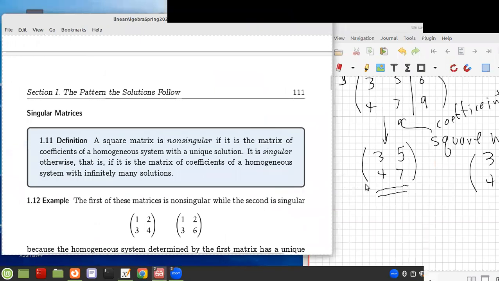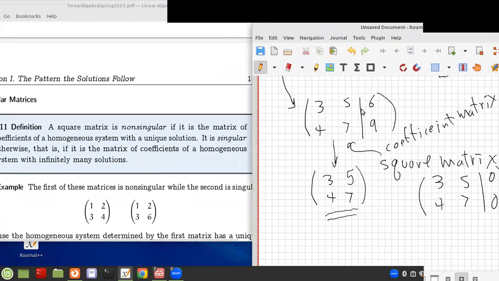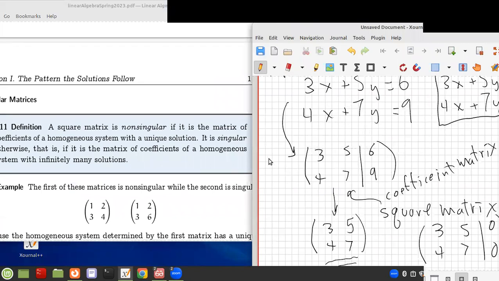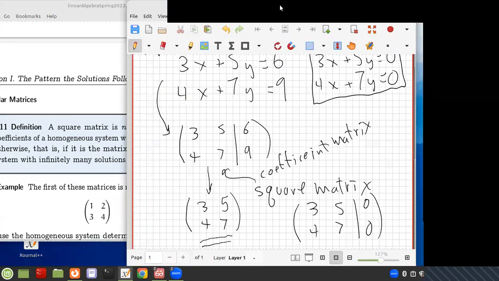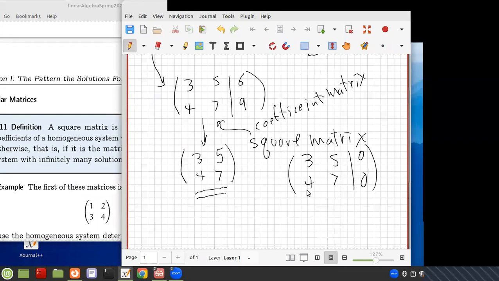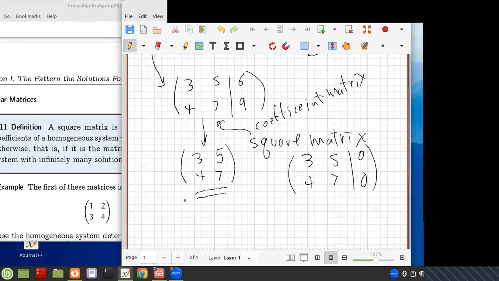A square matrix like this is non-singular if it's the matrix of coefficients of a homogeneous system with a unique solution. So it's non-singular if this thing has one solution.